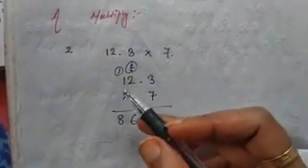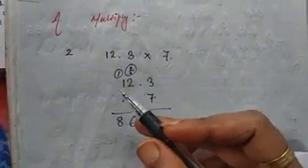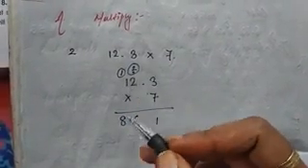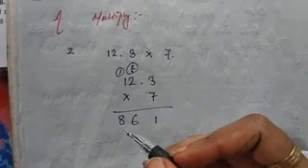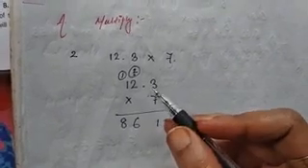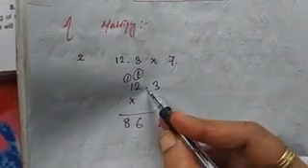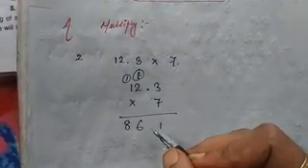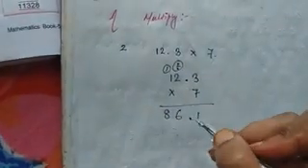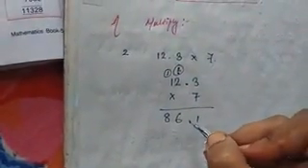7 into 1, 7, plus 1, 8. So here the number is 8, 6 and 1. And here there is 1 place of decimal. So we'll put the decimal here. I have to count from the extreme right: here's 1 place.